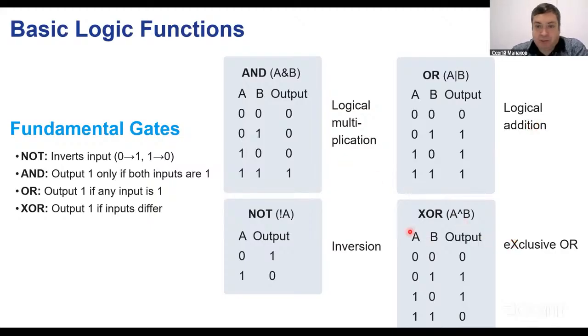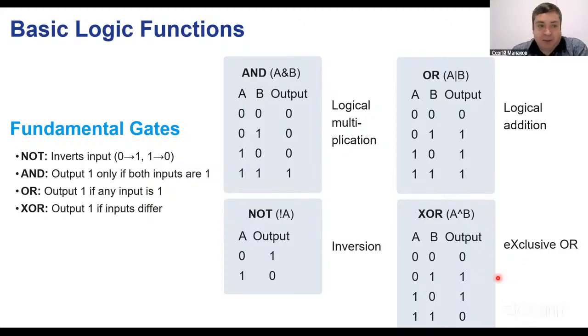And the fourth operation, it's not quite a basic operation. It can be constructed using the previous 3, but it's also widely used. It is exclusive OR, or XOR, or EOR, it is called. Here you don't have to memorize this truth table. It is more important to understand the meaning.